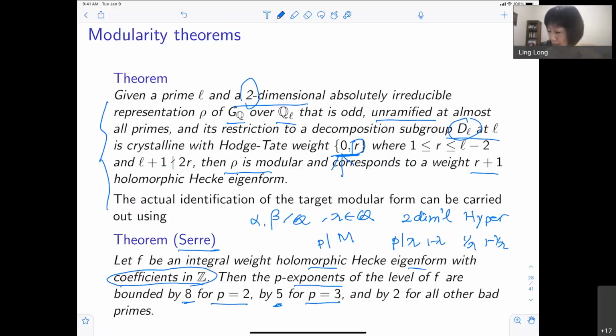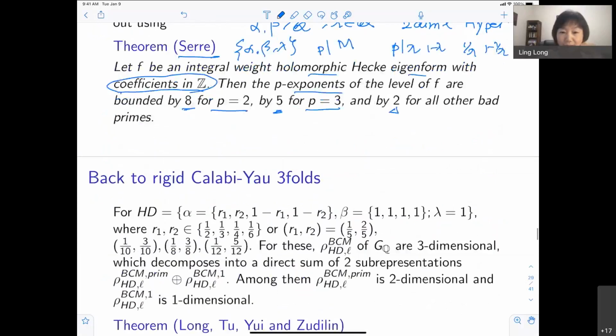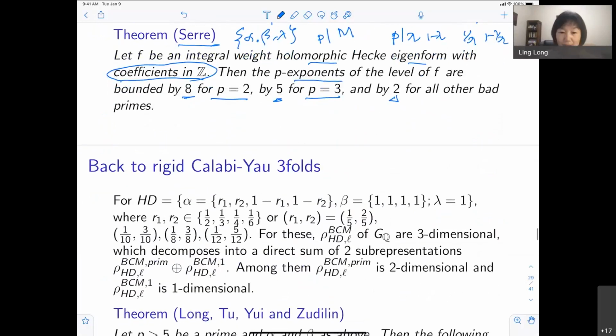Otherwise, the power will be at most 2. So that actually tells us that once we have a fixed hypergeometric datum defined over Q, it becomes a finite search. All right. Especially with Mark Watkins' implementation, the search is pretty fast.